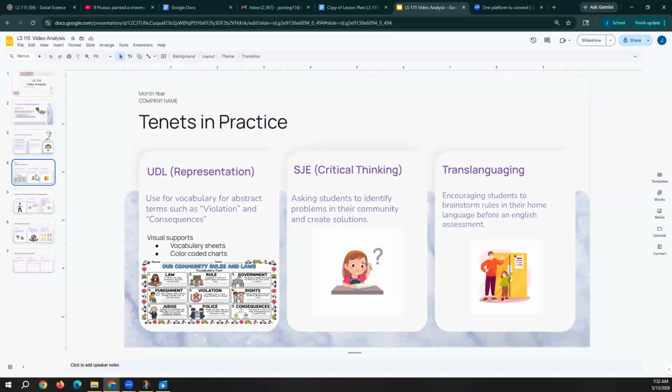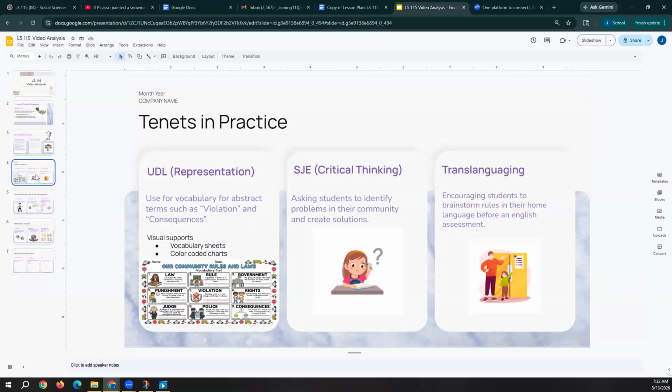So, tenets of practice. Two core tenets in this lesson are UDL representation and SJE critical thinking. In the UDL practice, we use vocabulary for abstract terms such as violation and consequences. For example, let's say the student doesn't know the words or isn't familiar with those words at all.